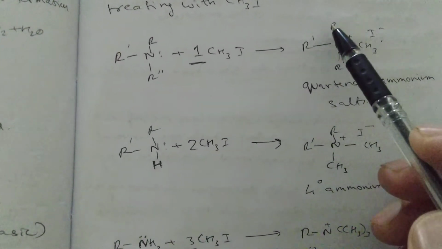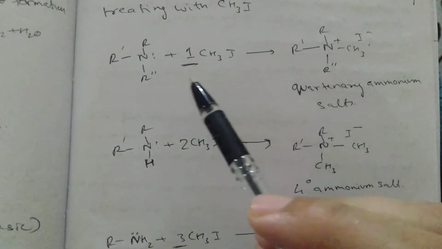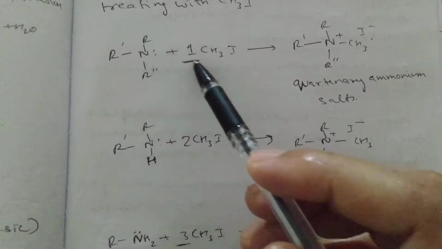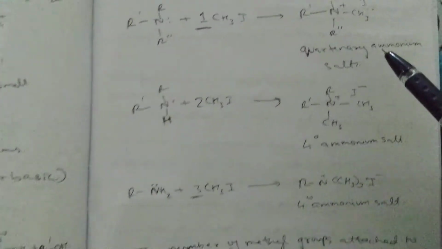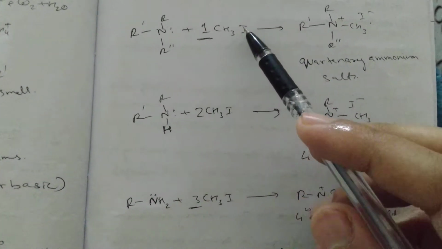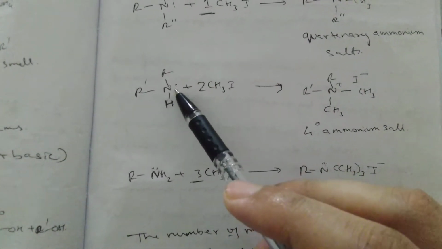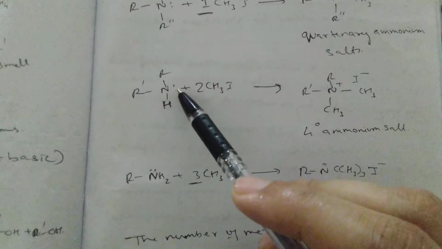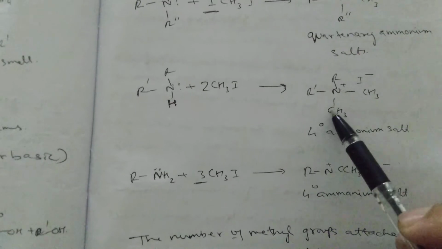If it consumes one and the reaction stops, you know that it is a tertiary amine, because the 1 lone pair attacks CH3, I minus comes out, and you get a quaternary ammonium salt. Because when you react with CH3I, it will not stop at secondary or tertiary, it has to go to quaternary. If it is a secondary amine, first it reacts and forms NCH3 plus, then even the NH bond breaks and you get another CH3 added.